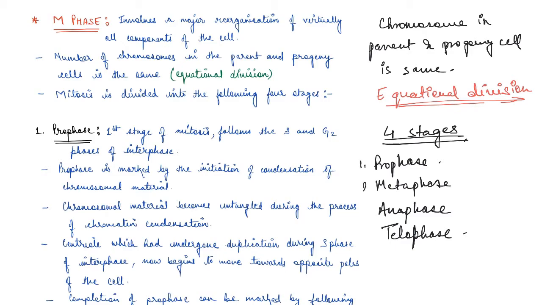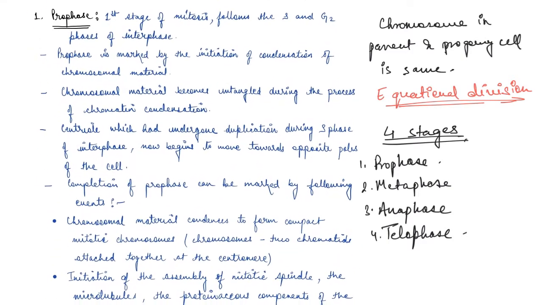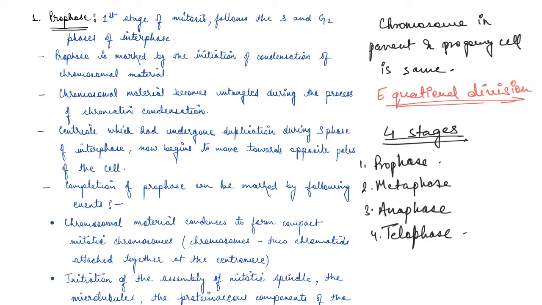So there are four phases: prophase, metaphase, anaphase, and telophase. Let's start with the first phase, which is the prophase.